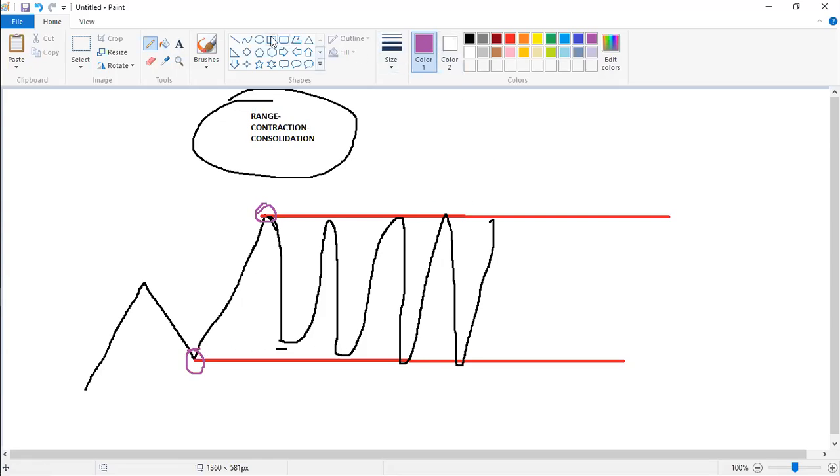Even if price does this, let's say price came down here, but let's look at the candle now. The candle is like this, and then after the candle, price goes back up again.